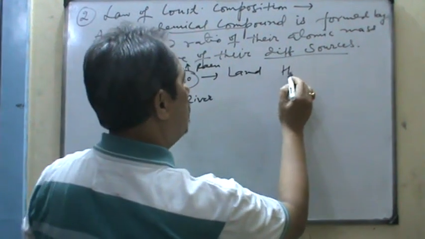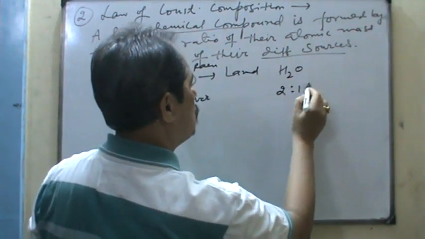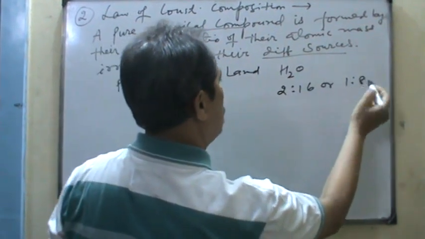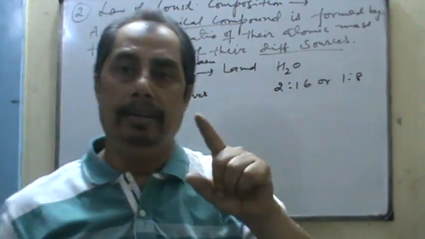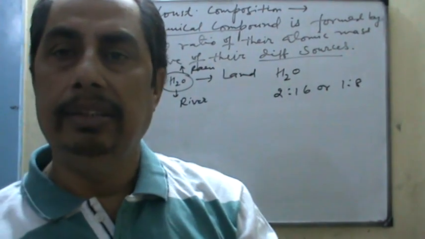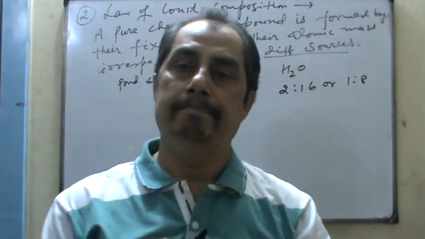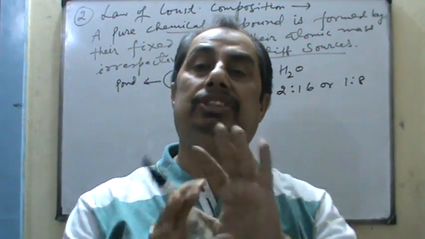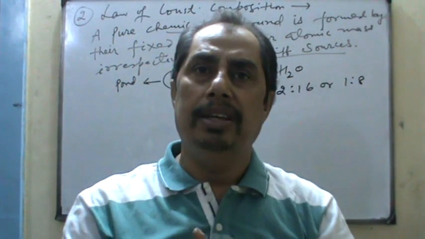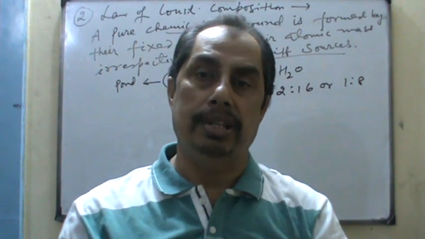The composition of water is 2:16, or the simplest ratio is 1:8. So the sources are various, but the composition remains constant in terms of their atomic mass. So it is a very simple law. A pure chemical compound is obtained by the fixed ratio of their atomic mass irrespective of their different sources.